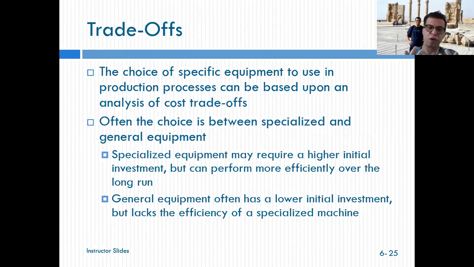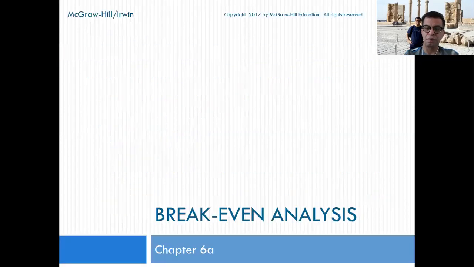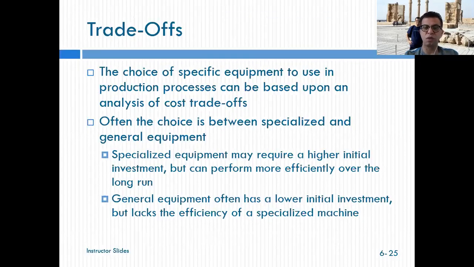So there is a trade-off: how often you use these things versus how much they cost. You need to look at the balance, the break-even analysis, whether it's worth buying new equipment, or bringing in semi-finished goods, or using your old equipment and doing it slower.